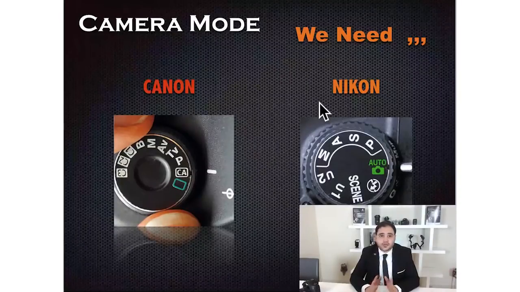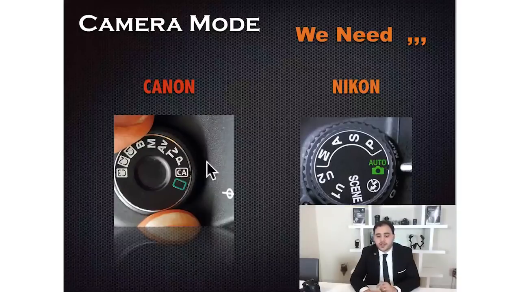Okay, now camera modes. If you are a Canon user or a Nikon user, it's very easy and very simple. We will not work with manual control. We only need an auto mode. With Canon, we can use Creative Auto, CA, and with Nikon, we can use auto mode.